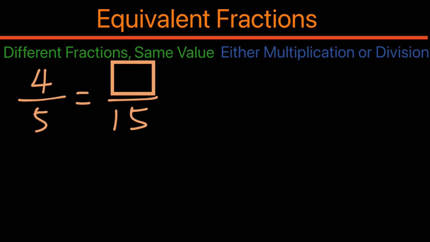So to solve this, we would find out 5 needs to be times by 3 to reach 15. So 4 would need to times by 3 as well. And so 4 times 3 equals 12.